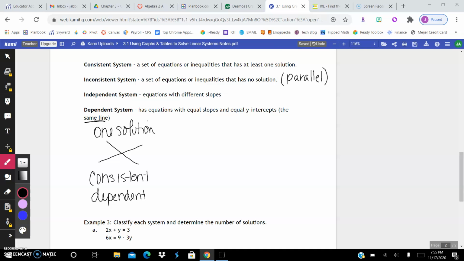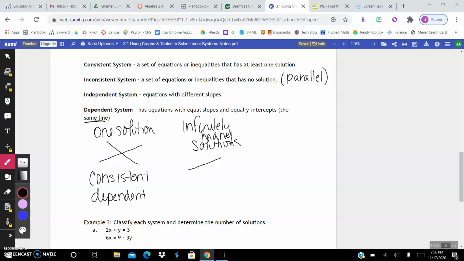And then infinitely many solutions is our other option. And the graph would look something like this. Even though there's two equations given, it's going to be one line because they're the exact same line. And if we were to classify that, we would say it's a consistent system because it has at least one. Well, these have all the points. They cross at every single point.